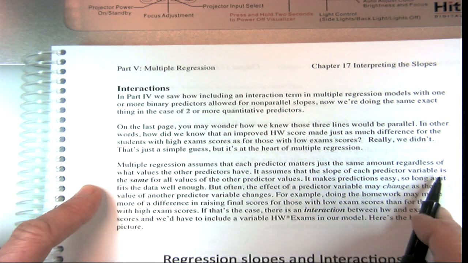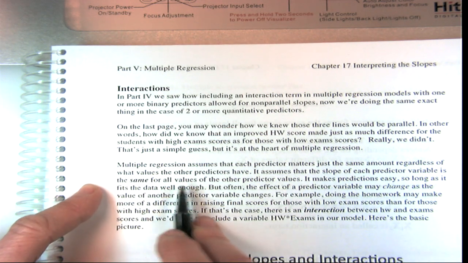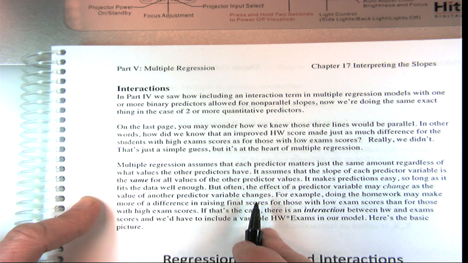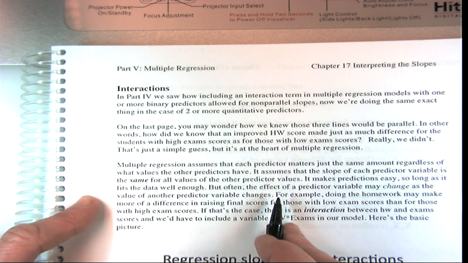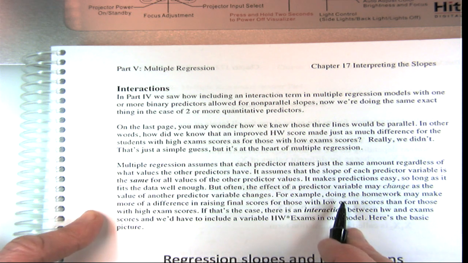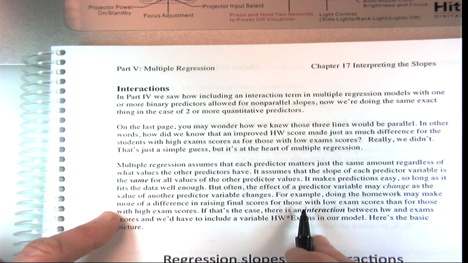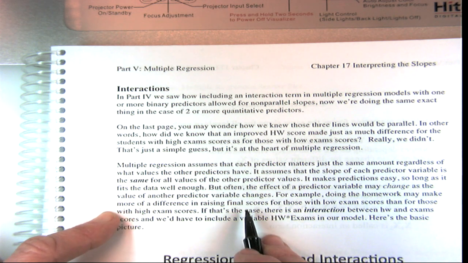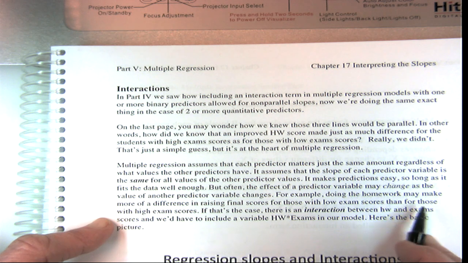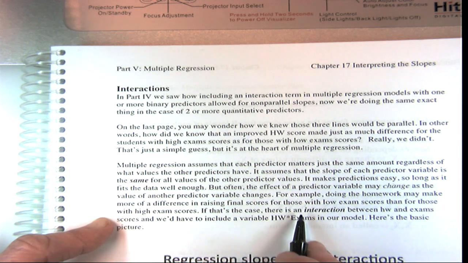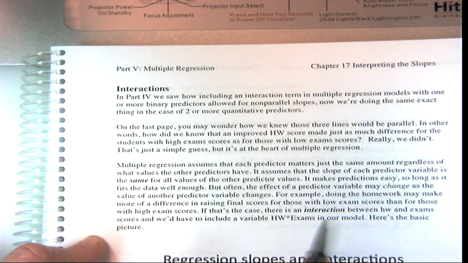It assumes the slope of each predictor is the same for all values. But often that's not true. For example, doing the homework may make more of a difference in raising final scores for those who have low exam scores than those who have high. In that case, we'd have to add an interaction term.